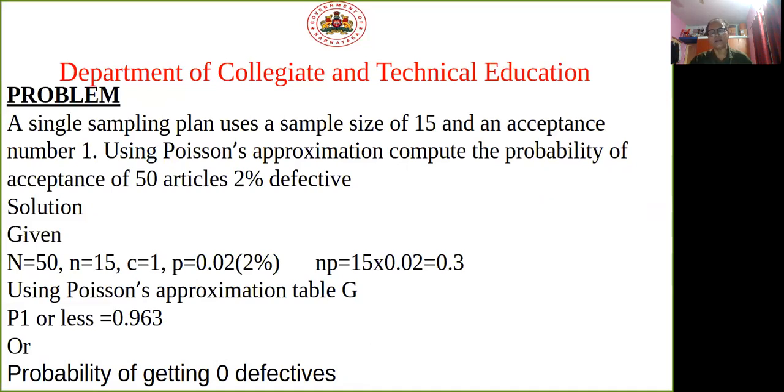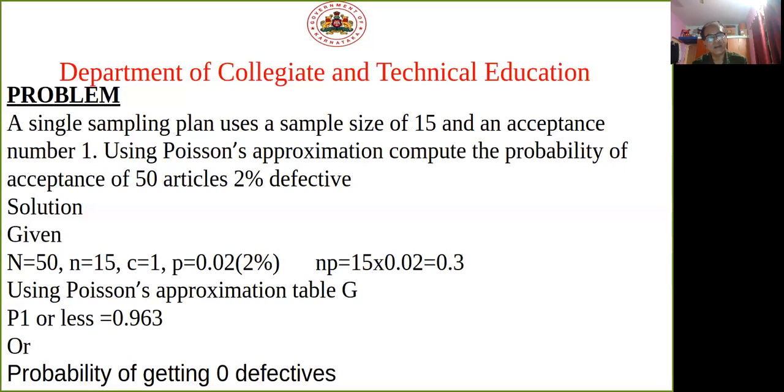At the end you will get the G tables. In that table, we get the probability of acceptance for NP equal to 0.3 and C equal to 1, which is 0.963.